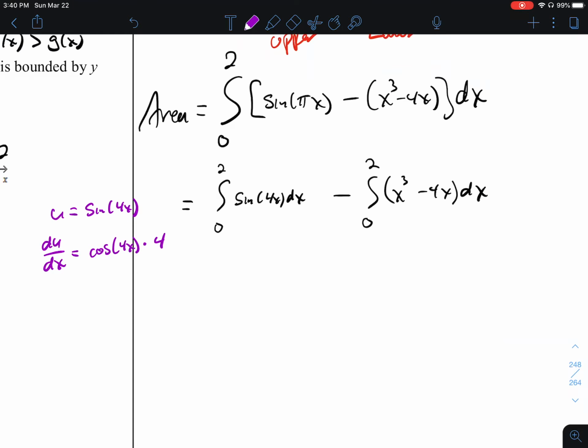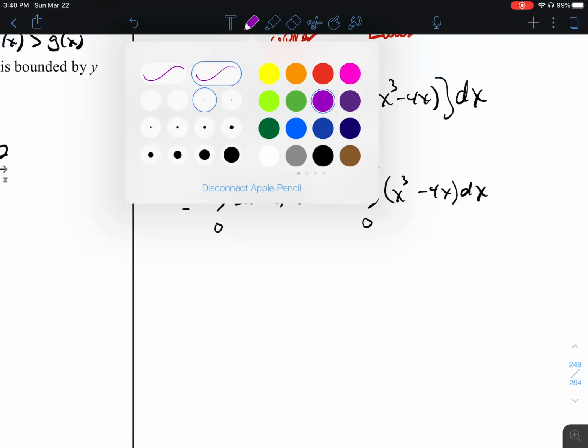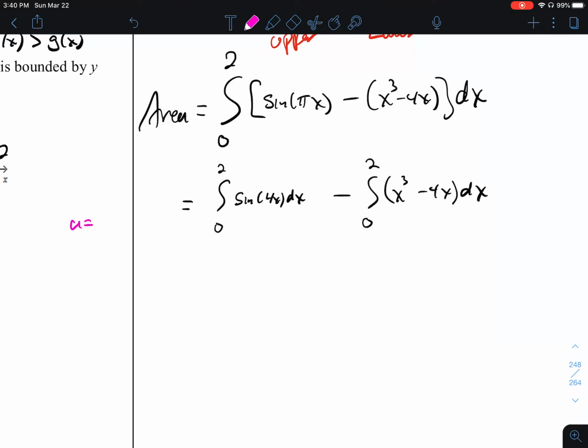I don't want to do that. That's a terrible idea. Let's set u equal to 4x. That's what I want to do. That's going to make du over dx equal to 4, which makes du 4dx, which makes dx 1/4 du.